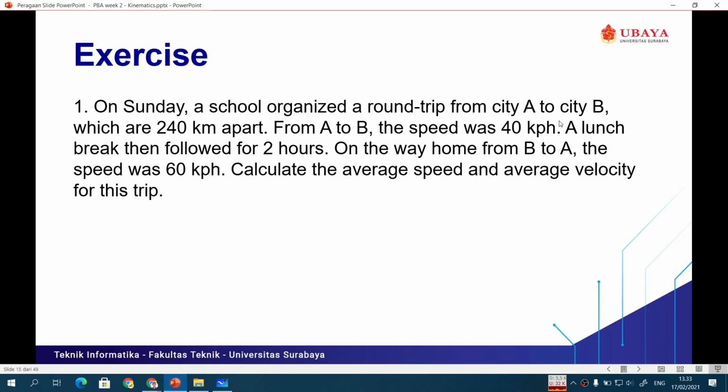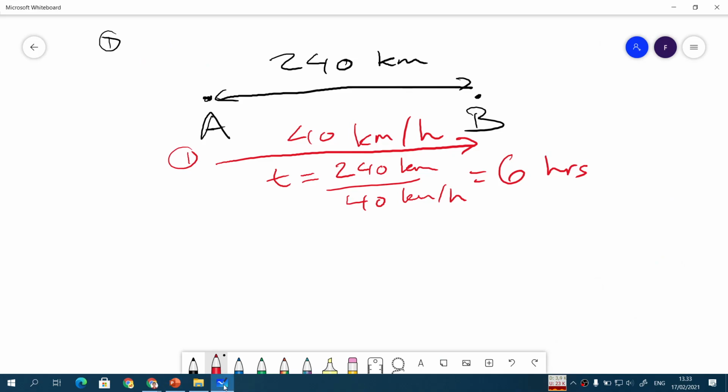Okay, and then the next sentence, a lunch break then followed for 2 hours. The second movement happens at city B. The velocity is actually 0 kilometers per hour because they do not move, and they stay for 2 hours.